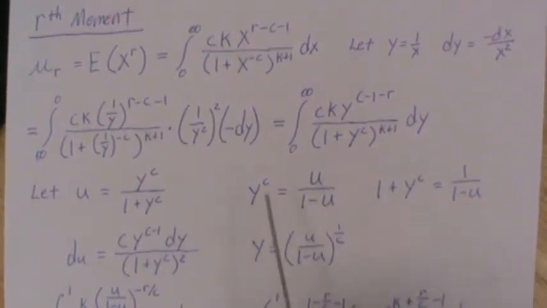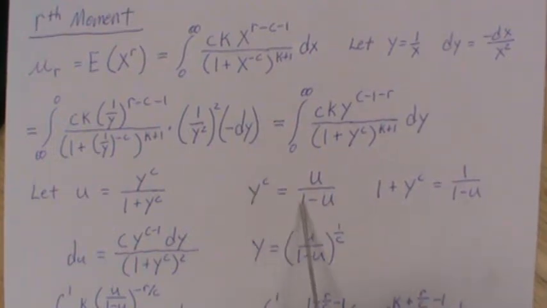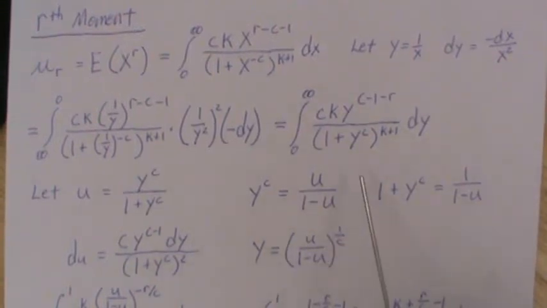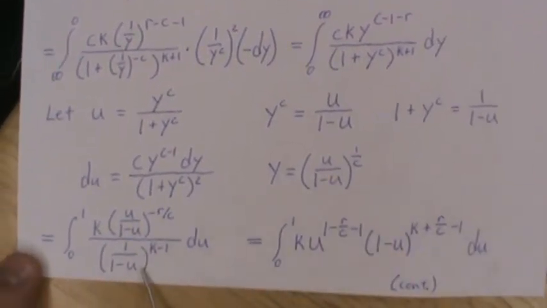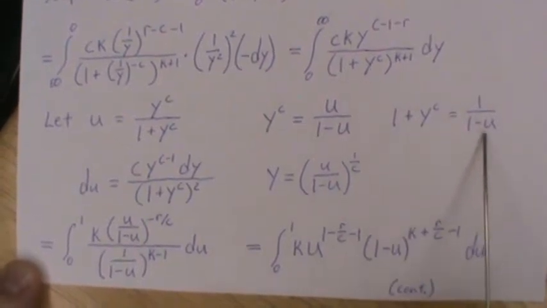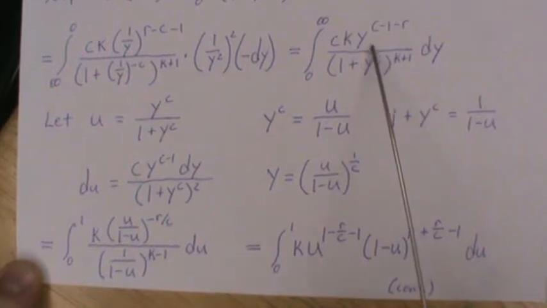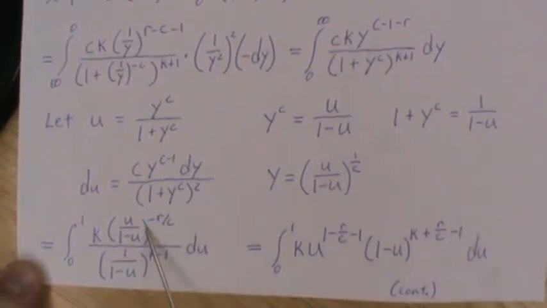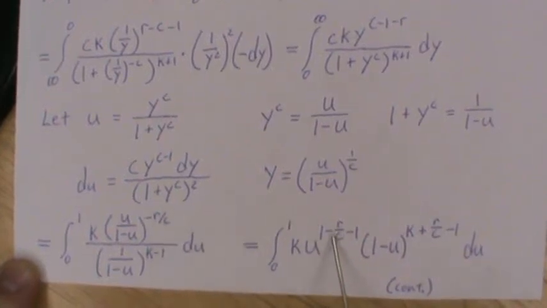If you add 1 to both sides, then you get this. You can solve for y here, just take both sides raised to the 1 over c, and then plug everything in here, and you get this expression. So the 1 plus y to the c you put here, and then y is this, and that's y, and then don't forget about that r.